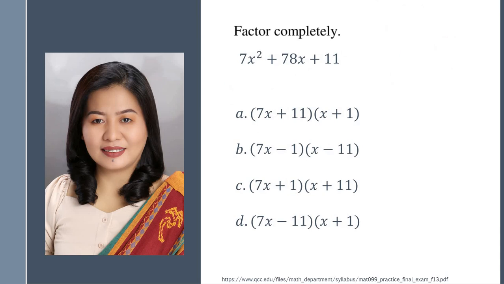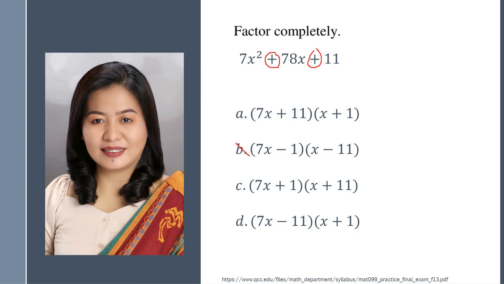Next one. So again we have choices here. So all we need to do is just, without really going through the process, we can just do the checking. 7 times 1, that's 7x. So all terms here start with a positive sign, so we will have all positive.